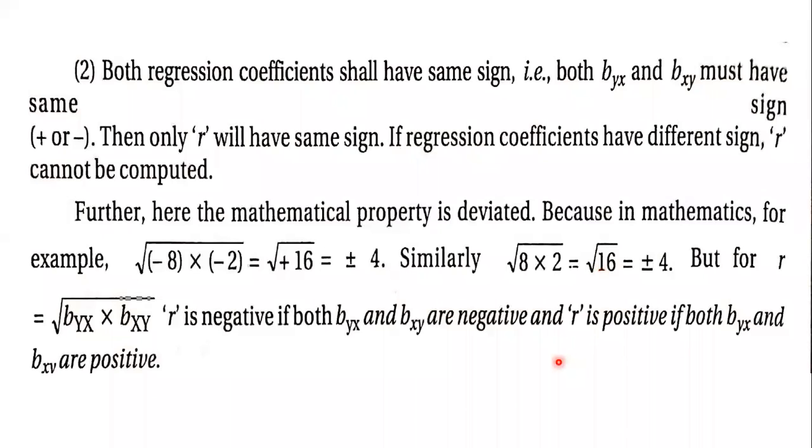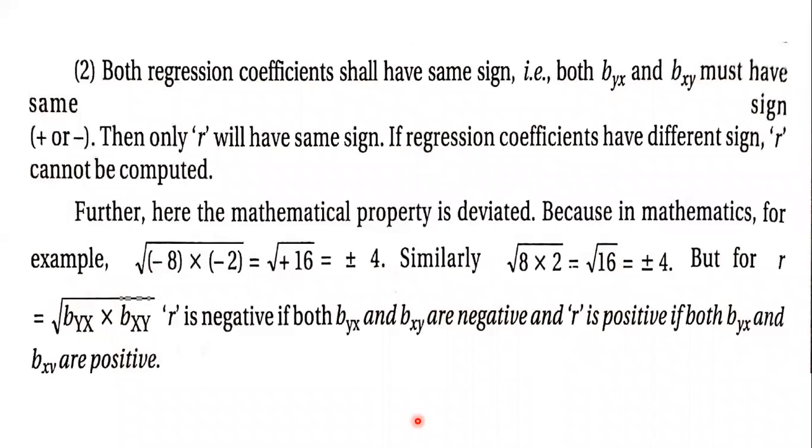Minus 16, minus 9, anything you check, the square root of minus 9 will show an error. So both numbers have to be either minus or plus. Only then will you get the proper answer for correlation. If one is minus and one is plus, you cannot derive the answer.